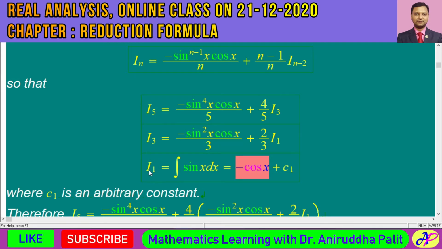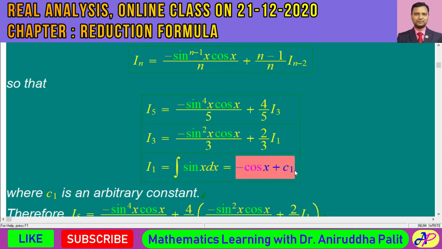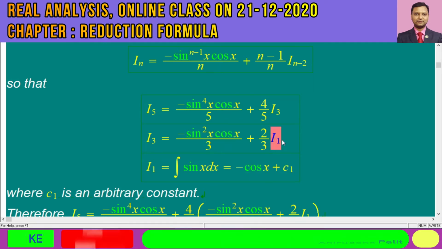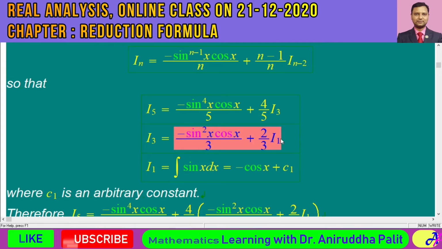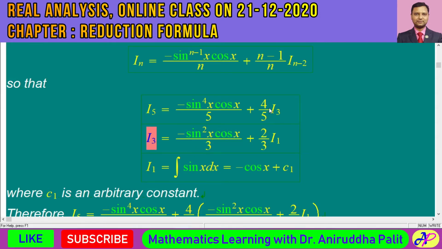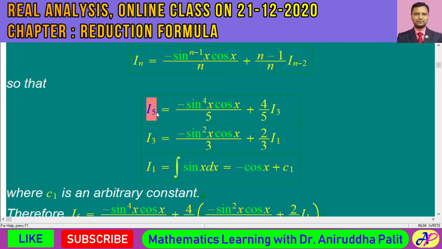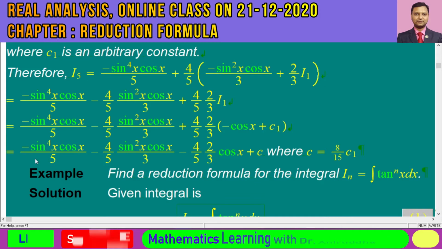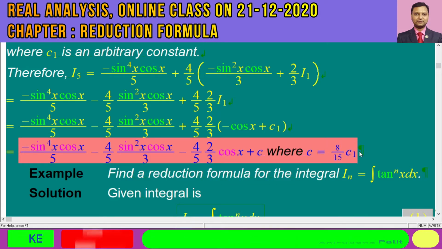So if we now use the expression of I1 in this term, we will be able to compute the expression of I3. Now, if we use the expression of I3 in this term, we will finally be able to compute the value of I5.